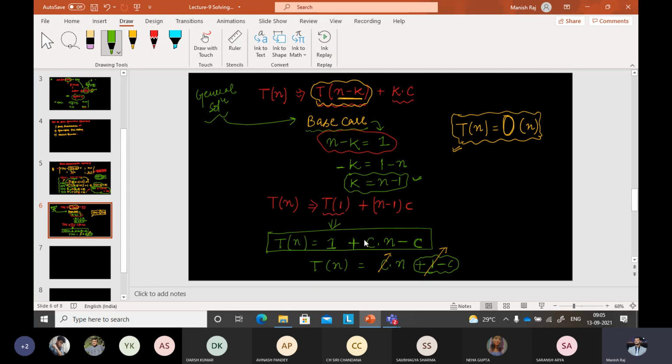We can reduce the higher order term or we can ignore the constant term also. So I am ignoring the constant term, and I can take the big O, and this is order of n. So directly I can write the complexity of this type of situation will be big O of n.